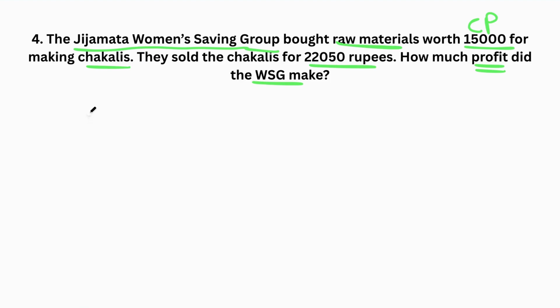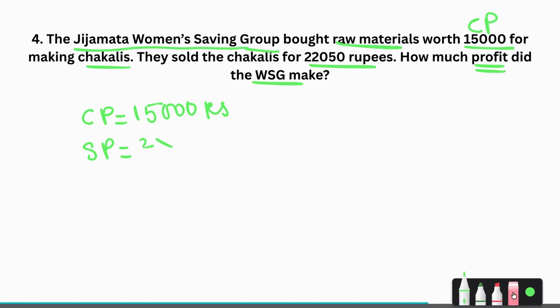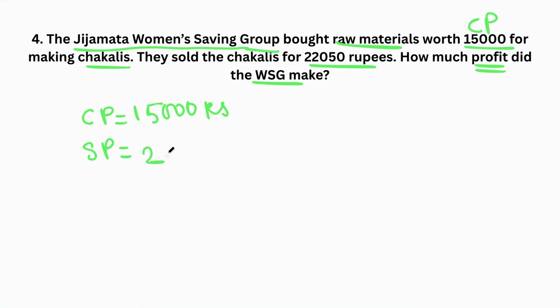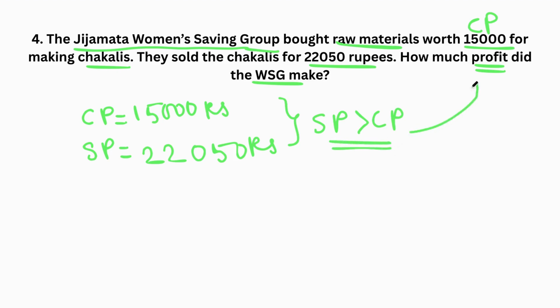So we will write it here that cost price equals 15,000 rupees and selling price equals 22,050 rupees, right? So the selling price is more than the cost price, which is a profit, which is given in the question.